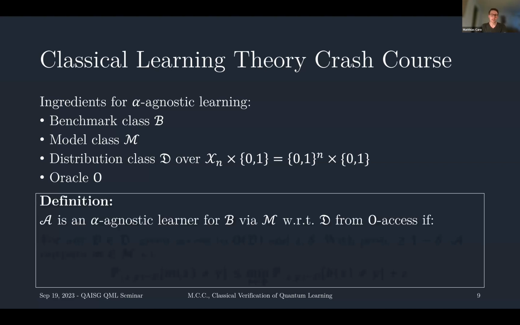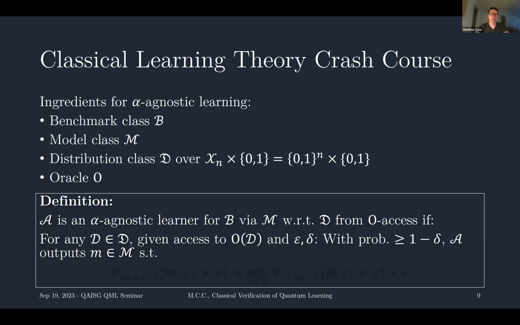So we call an algorithm A an alpha agnostic learner for the benchmark class B via the model class M with respect to the distribution class D from oracle access to O, if the following holds. No matter what distribution from the distribution class we take, if we give the algorithm oracle access to that distribution, and we give it an accuracy and a confidence parameter, then with success probability at least 1 minus delta, the learning algorithm will output a model from the model class such that the following holds.